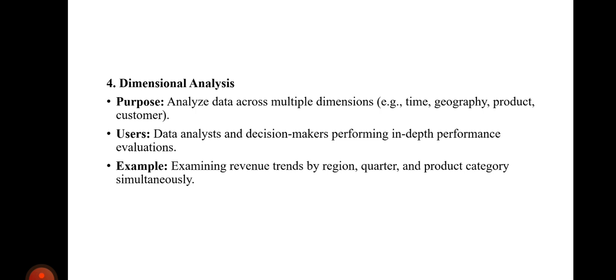Slicing is filtering data to focus on a specific subset or dimension. As an example, a user selects Q3 from a date slicer to view only third quarter sales data, and the result isolates one variable for more detailed analysis.